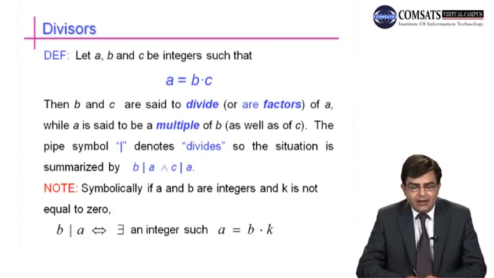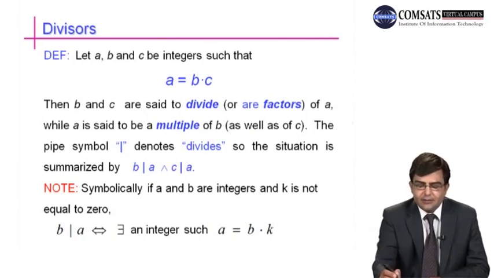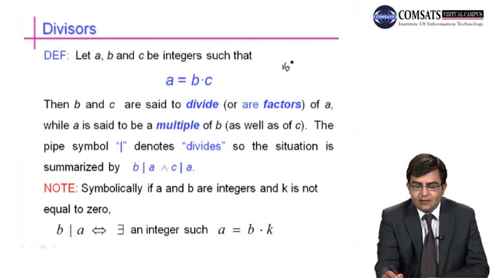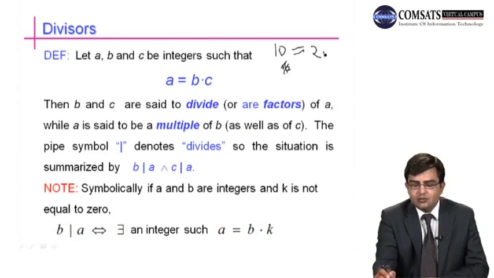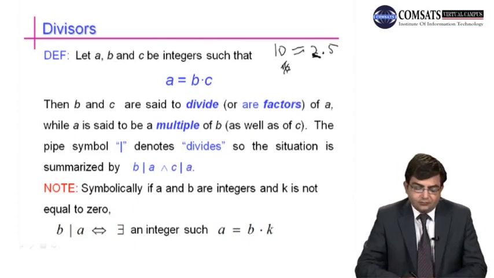Let A, B and C be any three integers. If we can write A as a product of B and C, for example, if we have 10, then 10 can be written as 2 into 5. So what does it mean? It means that 2 as well as 5 divides 10.